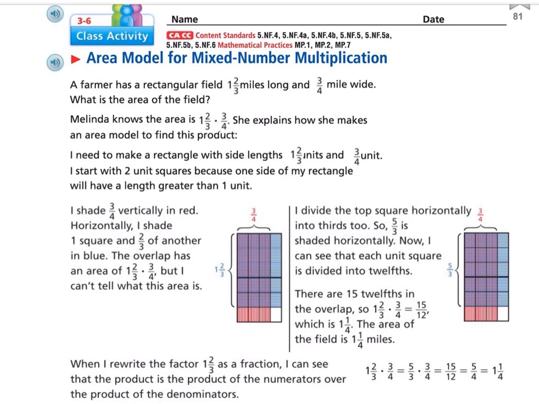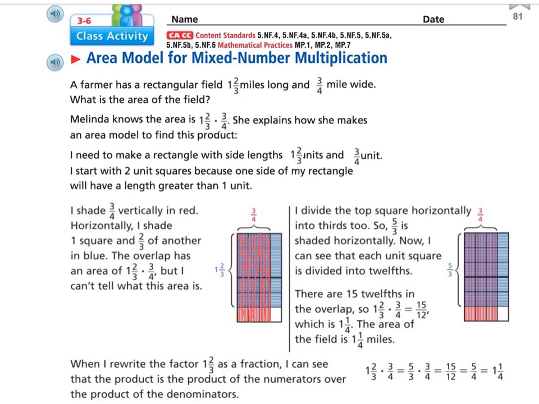So I'm looking at these marks right here. She did it in quarters. So here's a quarter, 1, 2, 3, and then this fourth one here. So she shaded that in red.